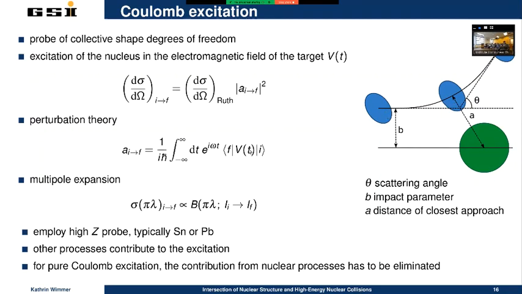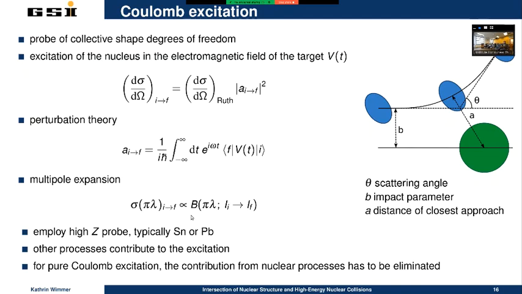By some simple perturbation theory and multipole expansion, we can relate the cross-section for this excitation to the reduced transition probability. So this makes the experiment relatively easy. If you have it all under control, you just have to measure the excitation cross-section, and then using this simple and well-established Coulomb excitation theory, you can derive the BOV2 value.